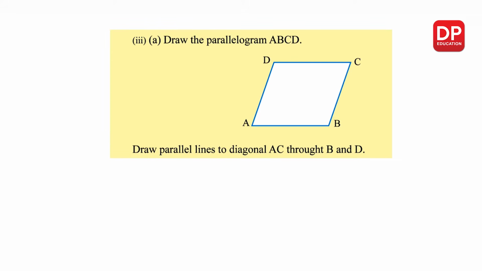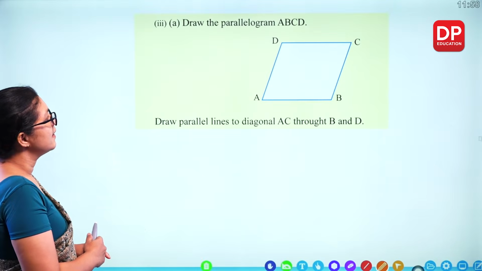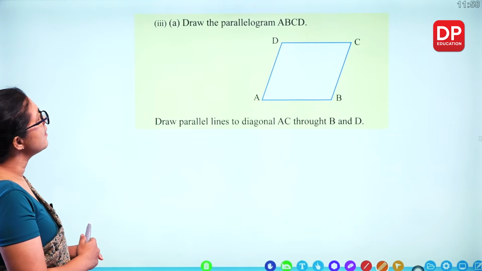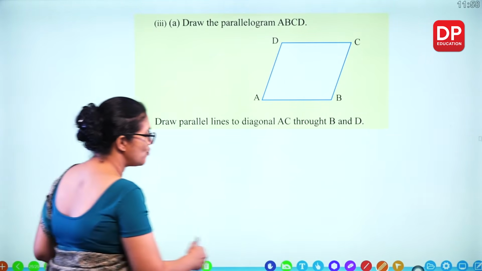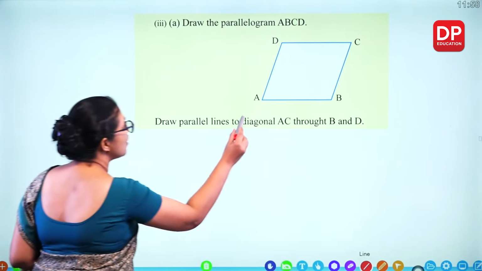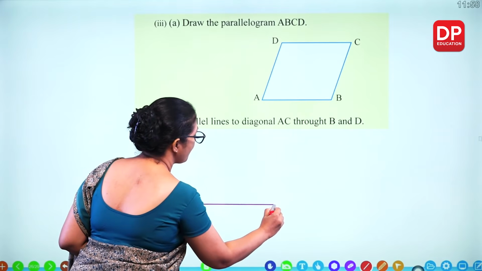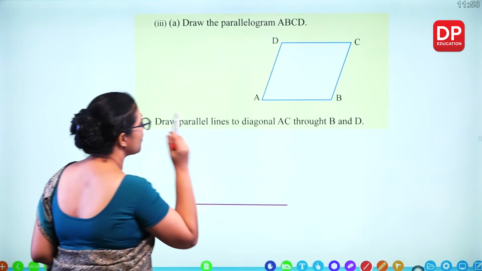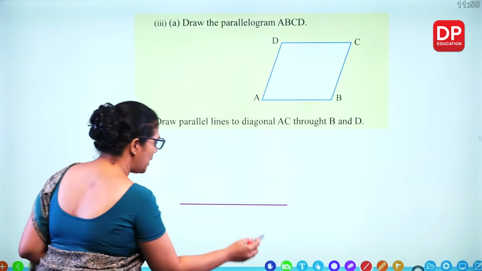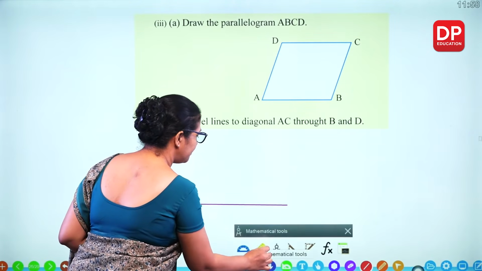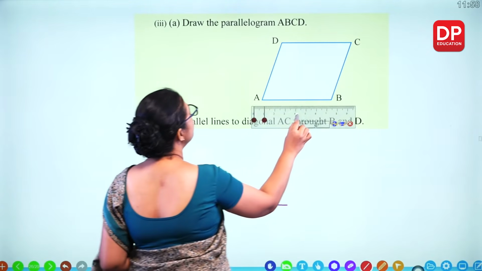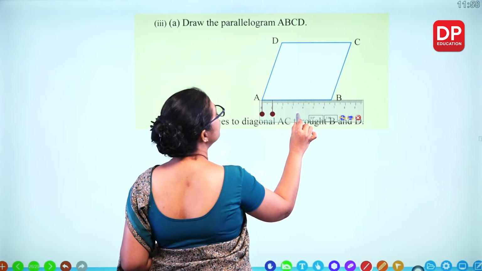Draw the parallelogram ABCD. Draw parallel lines to diagonal AC through B and D. So we need to draw this parallelogram. So what we can do, we can first draw a straight line. And we can measure this length from here.